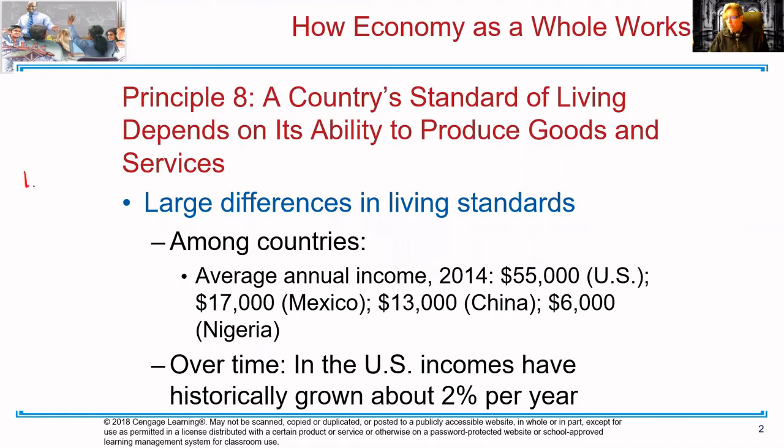We'll talk about it more in Chapter 2, but if we take land, labor, and capital, these are the factors of production, and we combine them together in the most efficient, highest productivity methods, we get output.